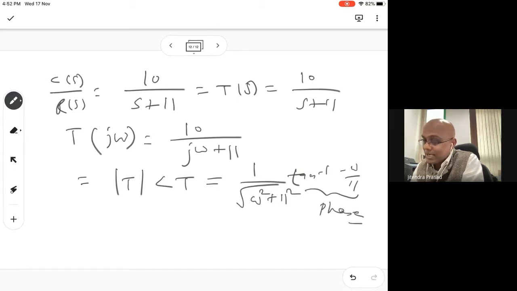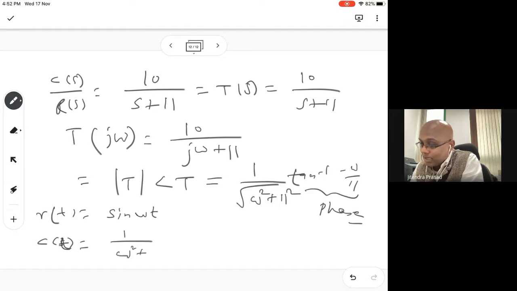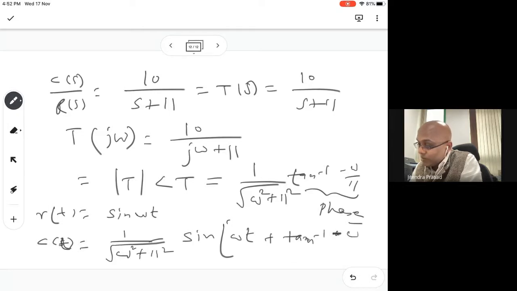So if r(t) equals sine omega t, then this is guaranteed: c(t) will be equal to the root of 1 over omega square plus 11 square, times sine of omega t plus tan inverse of minus omega over 11.